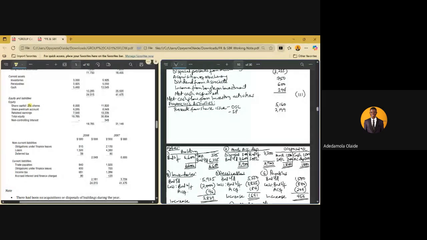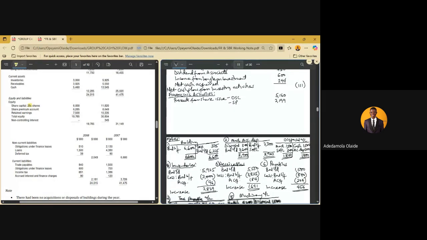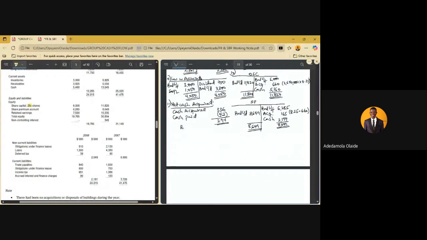We move to the next thing, retained earnings. They did not tell us how much was paid as dividend during the year, so we have to prepare the retained earnings account to determine the dividend. Balance brought forward 7,500.